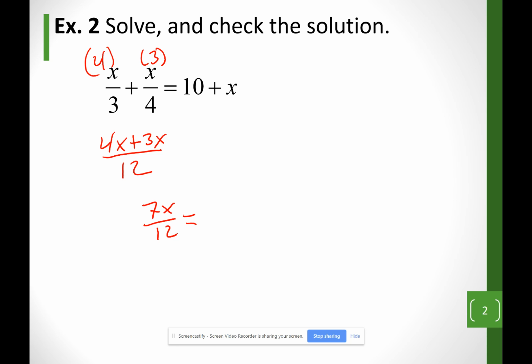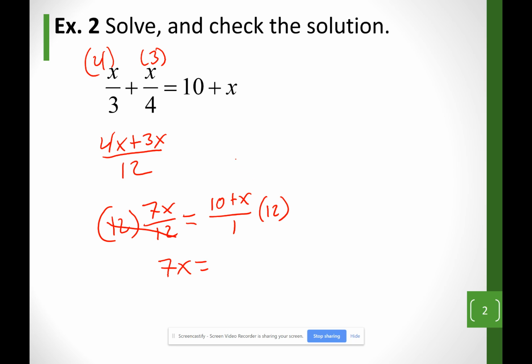Now, the right side of the equal sign is already simple. So, matter of fact, let me call this 10 plus x over 1, just to see it as a fraction. Looking at my denominators, 12 and 1, my least common denominator is 12. Let me multiply both sides by 12. 12 divided by 12 is 1. My result multiplied to the top, 7x.